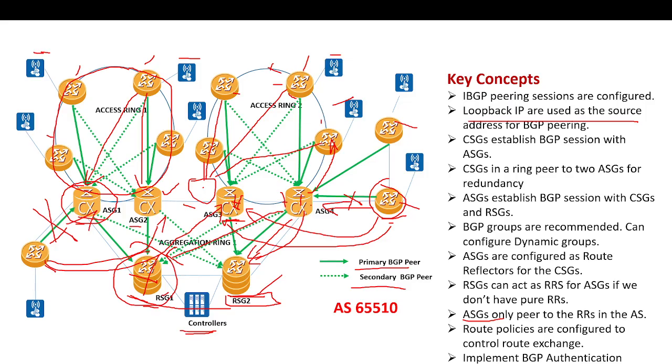The RSGs are always acting as the route reflector for the ASGs. Remember, they are the ones connected to the external network and also to the controllers. So they will be getting the external routes and the routes from the controllers, and then they have to propagate the routes to the ASGs.